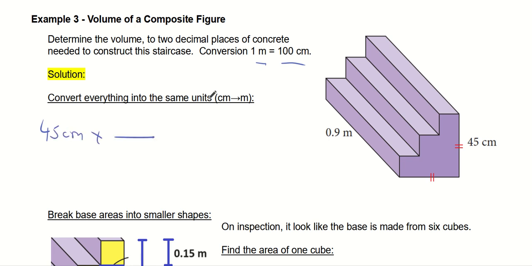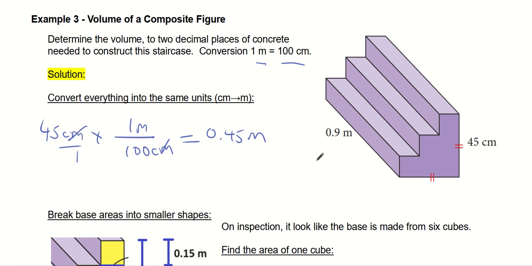Every number is really over 1. I put 1 meter on top and 100 centimeters on bottom, so I can cross this out with this, and I end up with 0.45 meters. Good. So the conversion is done.